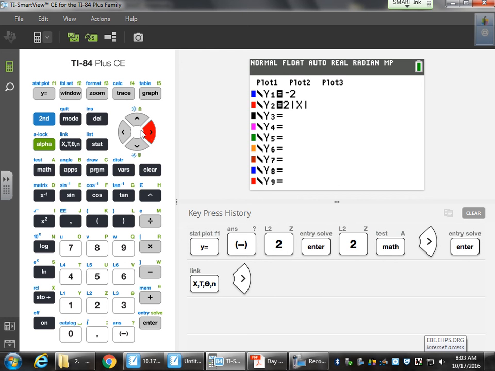And then what's after the absolute value part? Minus 6. Parentheses.